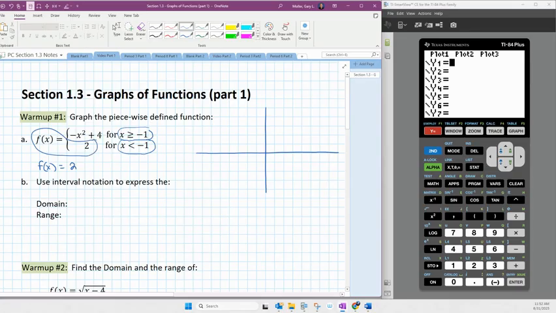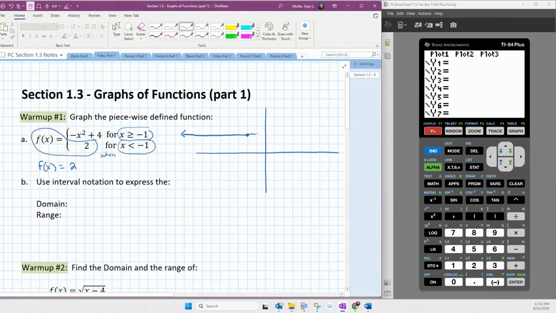That's what this says right here. f of x equals 2 for, or if you like the word when, that's better, when x is less than -1. So when x is less than -1, like for example here at -2, it says the output's 2. And everything less than that is always going to be 2, including all the way up to -1.